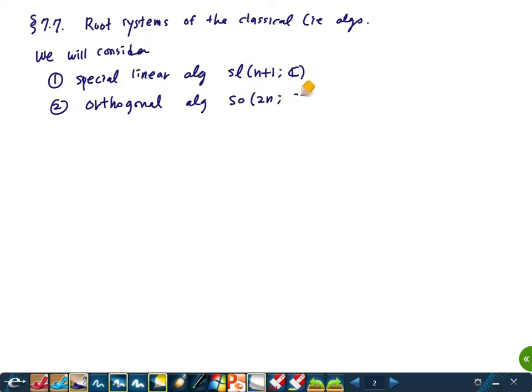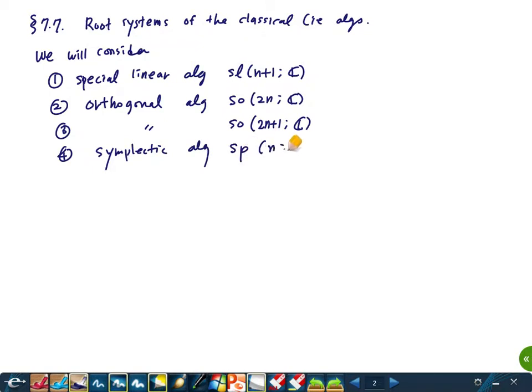For some reason we will divide the orthogonal algebra in two cases, when the index is 2n or 2n plus 1. And symplectic algebra, SP n C.